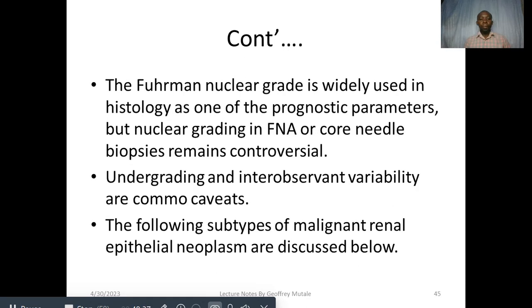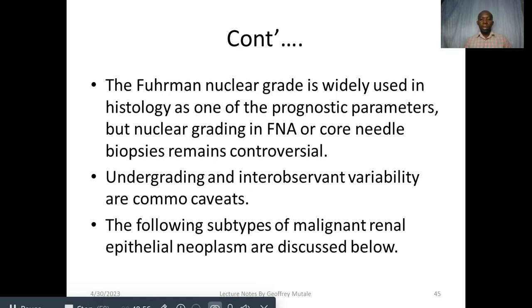The Fuhrman nuclear grade is widely used in histology as one of the prognostic parameters, but nuclear grading in FNA or core needle biopsies remains controversial.